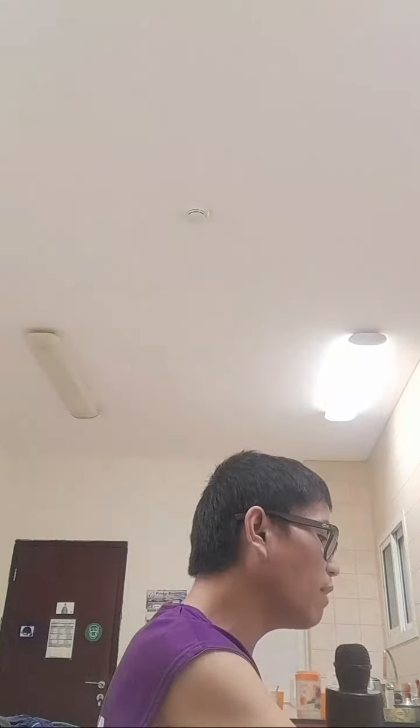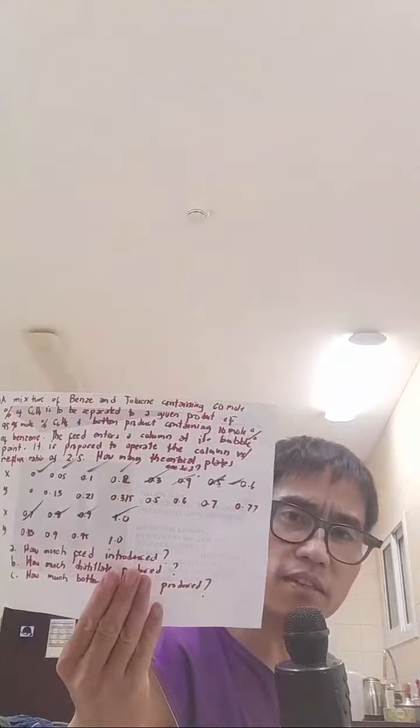For the bottom product, the mole fraction is the lower one: the bottom product containing 10 mole percent of benzene. We should know this because it will matter in our McCabe-Thiele method application during the graphical representation.